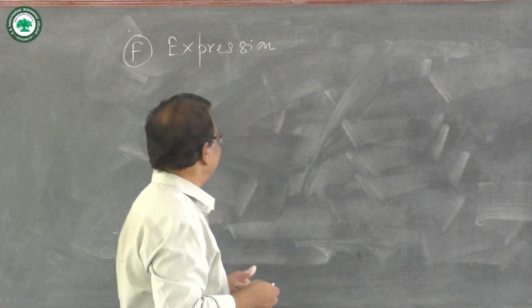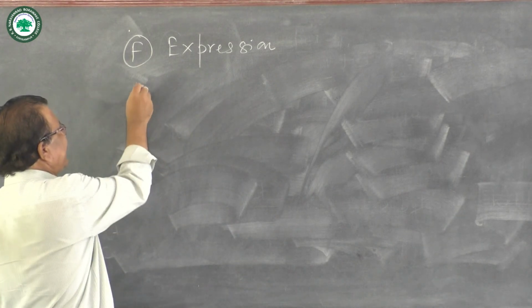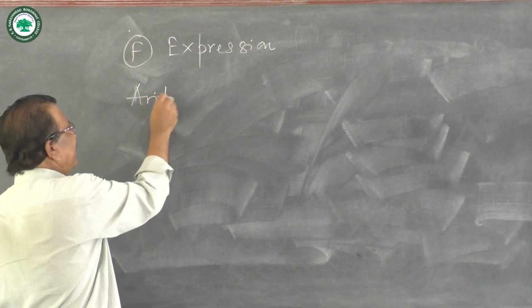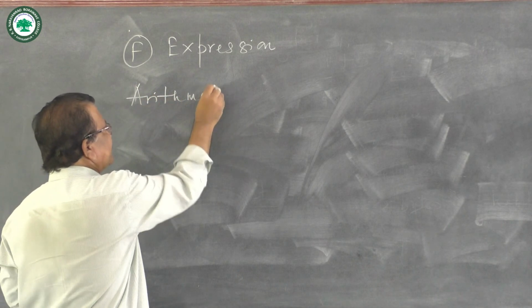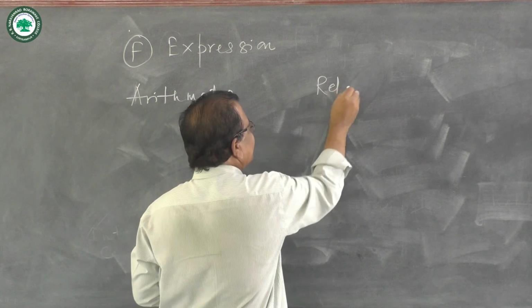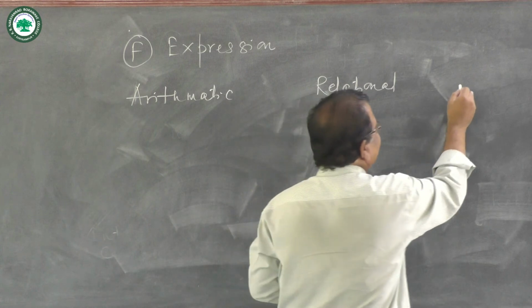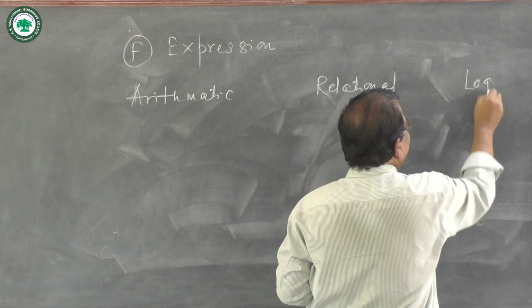We have three types. First one are arithmetic expressions. Then we have relational expressions. And we have logical expressions.